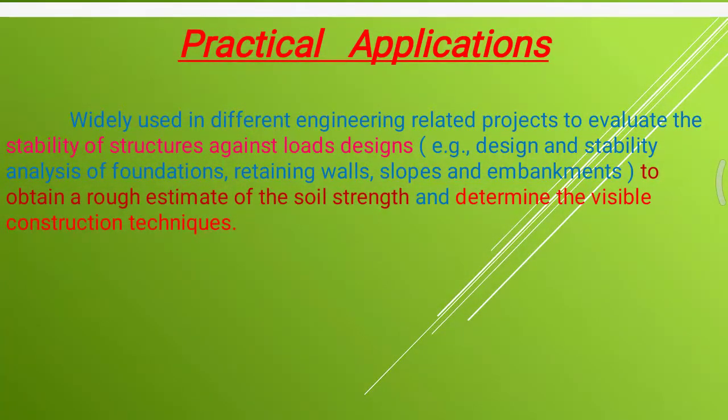This test is widely used in different engineering projects to evaluate the stability of structures against loads, in the design and stability analysis of foundations, retaining walls, slopes and embankments, to obtain a rough estimate of the soil strength and determine viable construction techniques.